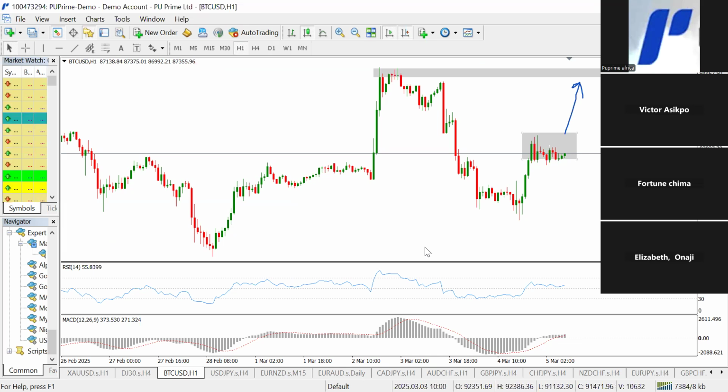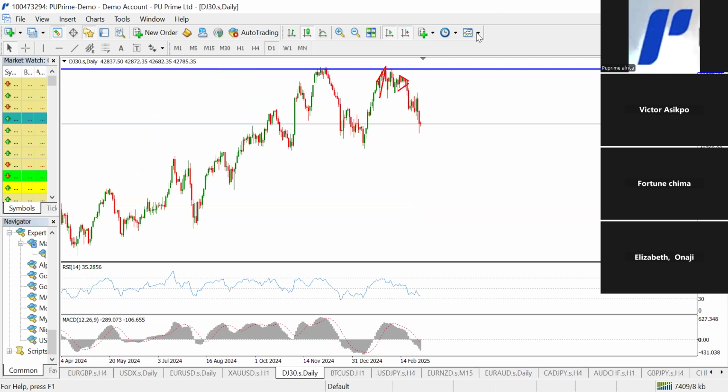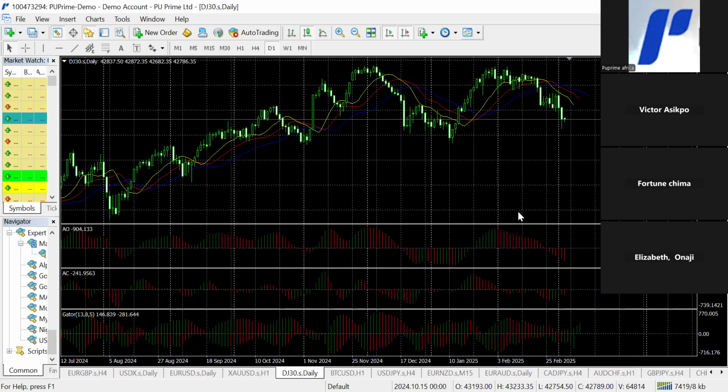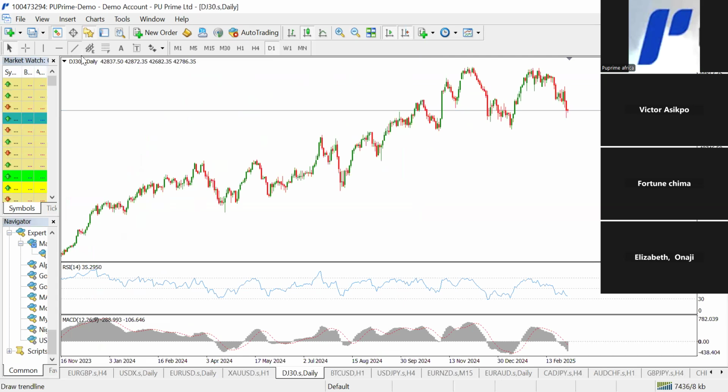And the US 30, which is labeled DJ30 on our platform, will be the last one. All right, so price is bouncing in the bullish direction on the DJ30.